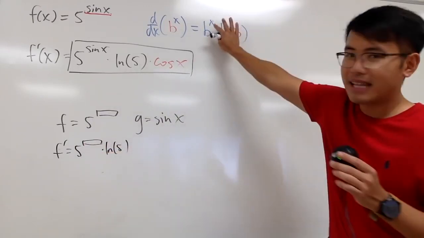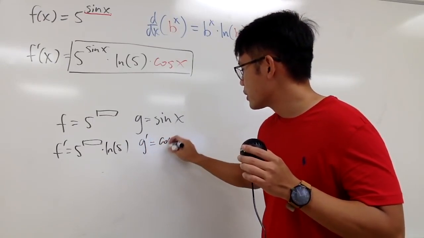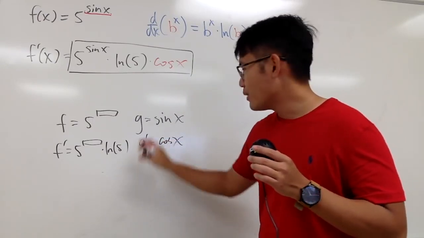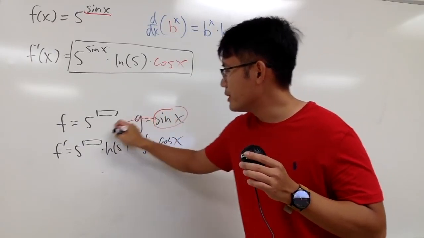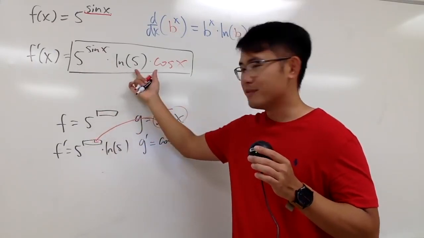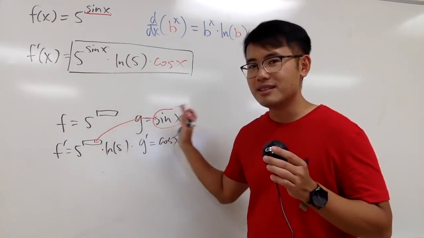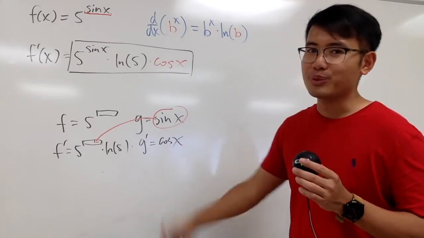This part is by that. And then g prime, which is cosine x. And now you're going to take this and put it in the box. So we have 5 to the sine x times ln 5. And then times cosine x. And this right here is the memory device for the chain rule.